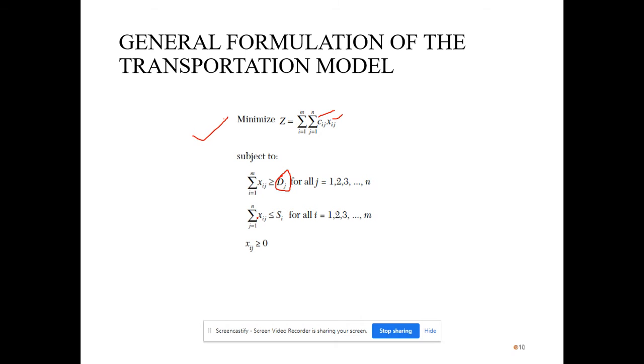Similarly, the summation of xij should be less than or equal to the total supply from the plant. So it should be less than the supply and more than the demand of the distributor or the customer, and it should be less than or equal to the supply from the plant, because you cannot distribute or ship more than what is supplied, what is produced.